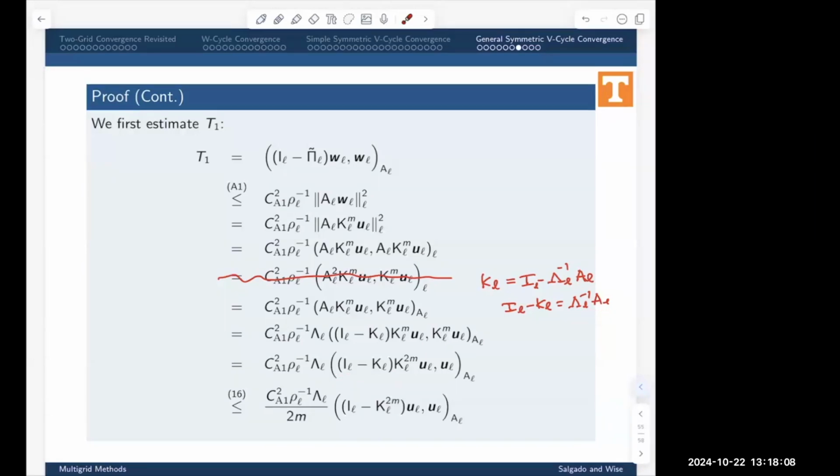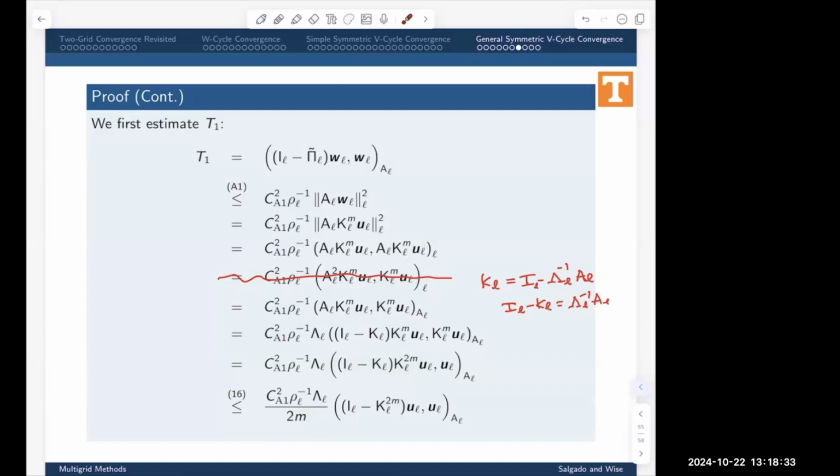Okay, so if you buy that, then the next thing we want to do is use the estimate that we just invented, our little technical lemma that we described as our telescoping technical lemma, and that allowed us to take the 2m that was here, move it down here, and change this product to that. Okay, so that's estimate 16.